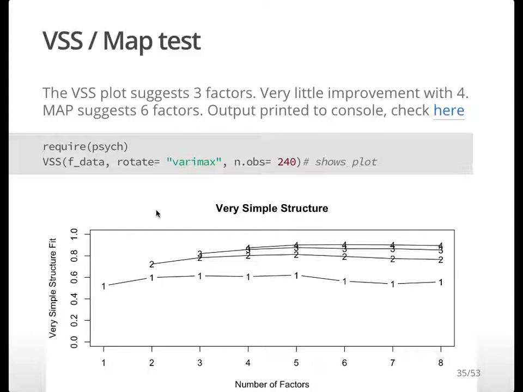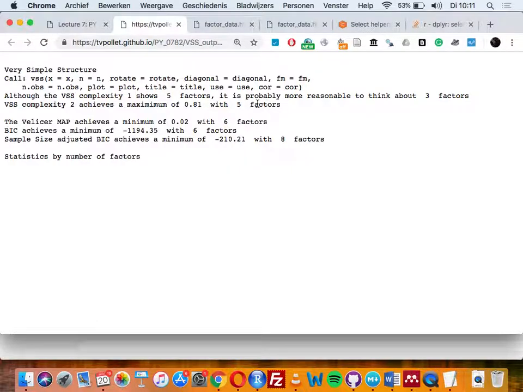Now the MAP test, the Velicer average partial test, that's printed to the output. I didn't show it here because when I make the slides, it will show the graph but not the output. So VSS complexity, it says you can go up to 5 until you reach that 1 line. So it will also print you in verbal terms what you see in the graph.